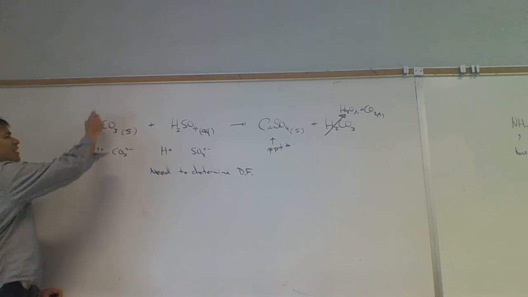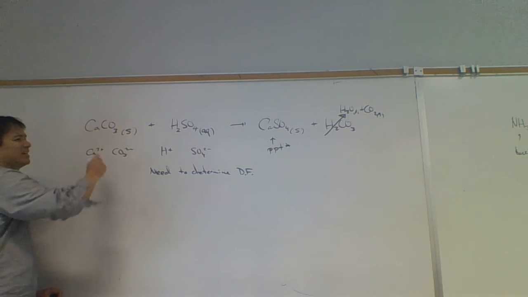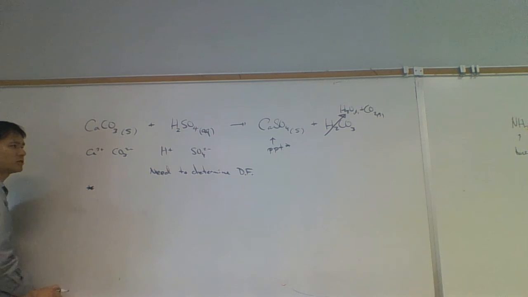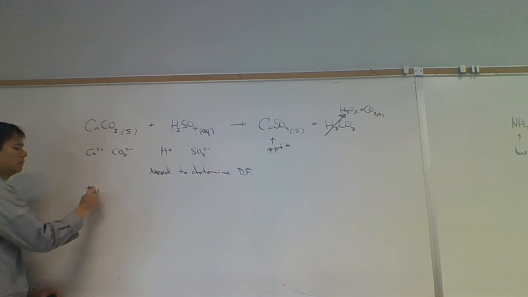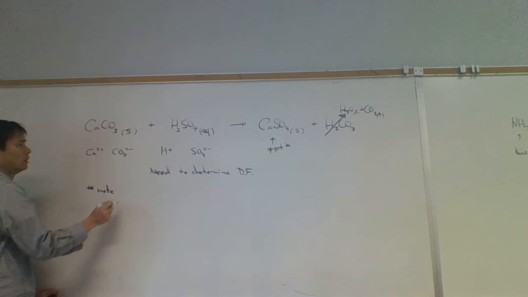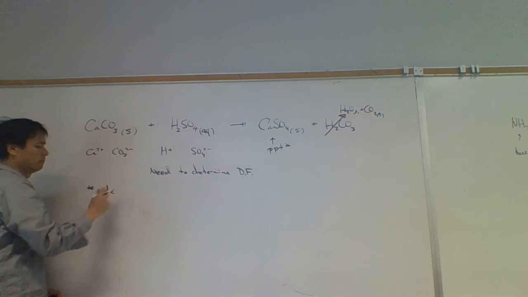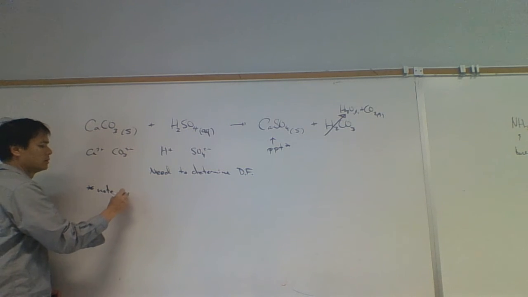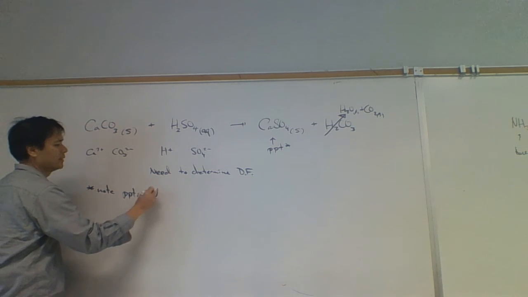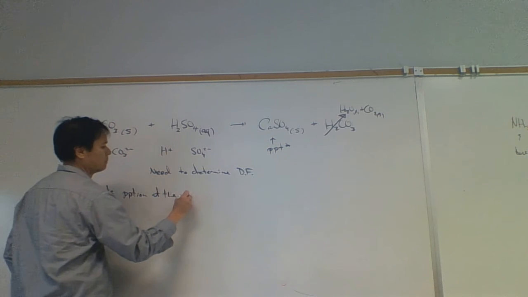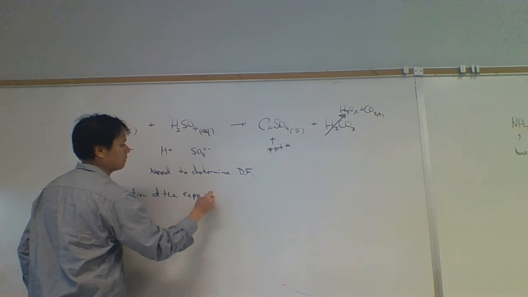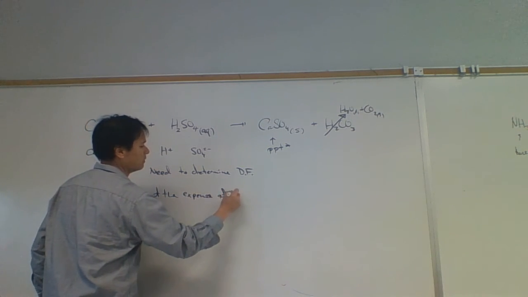However, we have a problem here, and this is the reason I wrote the little asterisk here. Note, we're sacrificing one solid to make another solid. So precipitation at the expense of calcium carbonate solid.